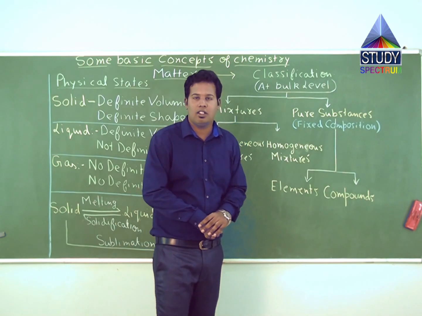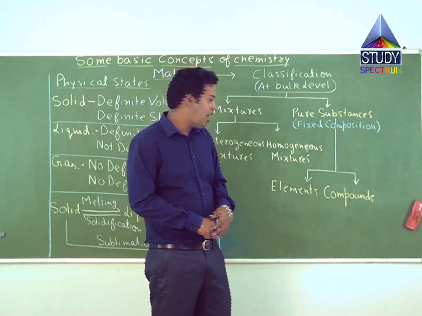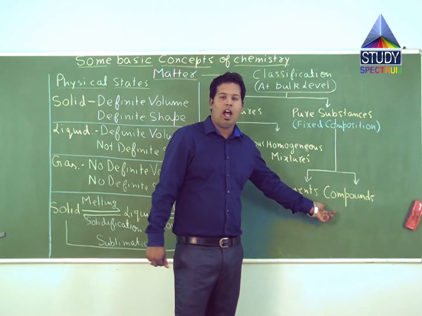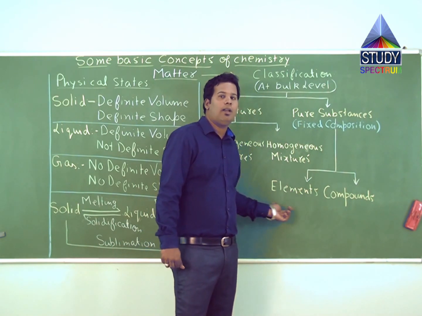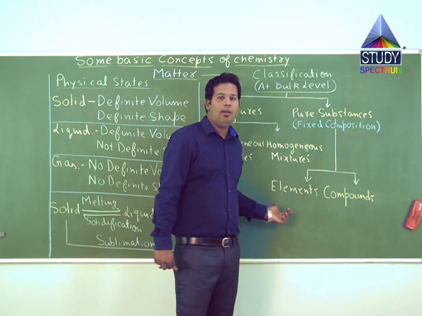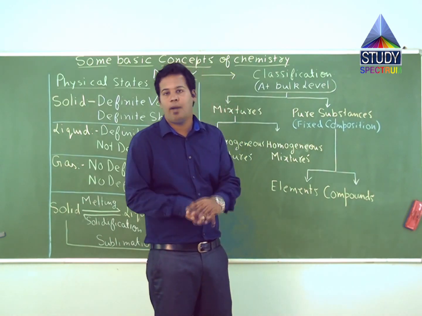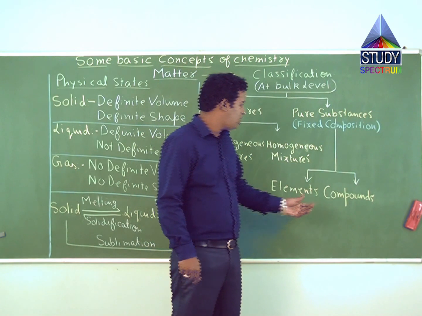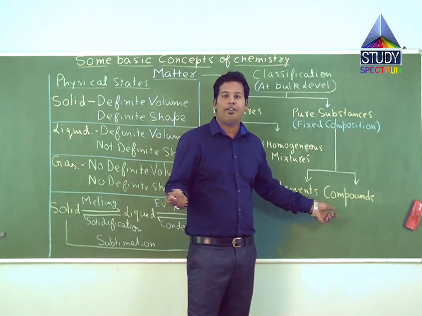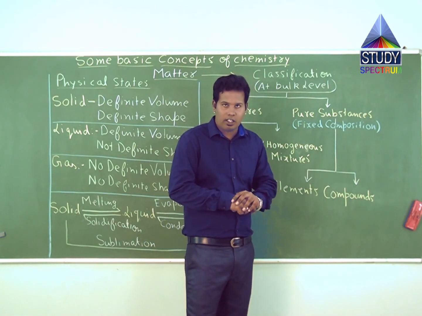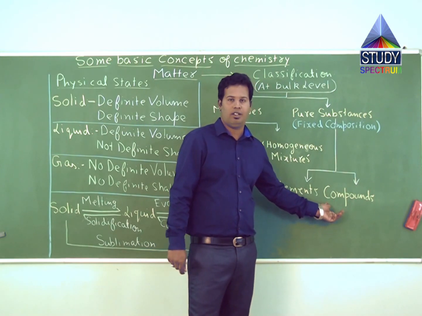Whereas pure substances can be classified as elements or compounds. I'm sure you might have heard about elements and compounds. Elements contain the same type of atoms of a particular matter, correct? Whereas when atoms of different elements combine in a fixed ratio, they form compounds.